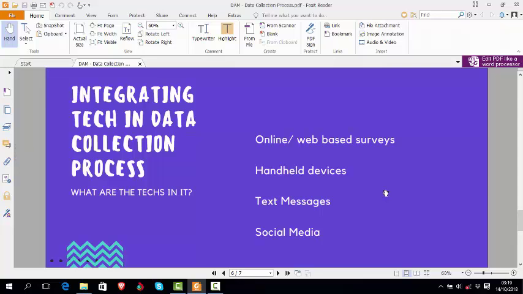You could also conduct a survey using text messages. I haven't seen that rampant in Nigeria, but it's very possible. One of the problems we in Nigeria have with text message kind of data collection is that having discussion with telcos is kind of difficult.